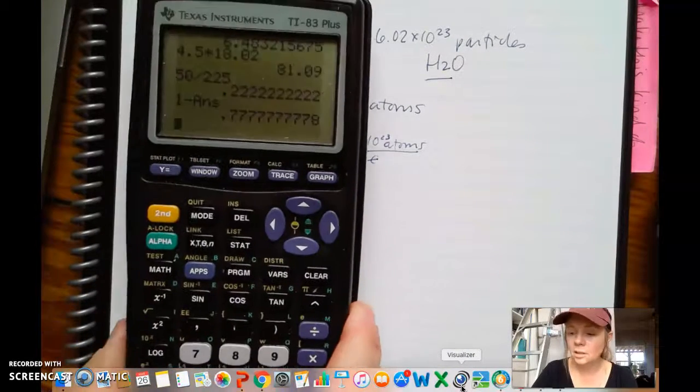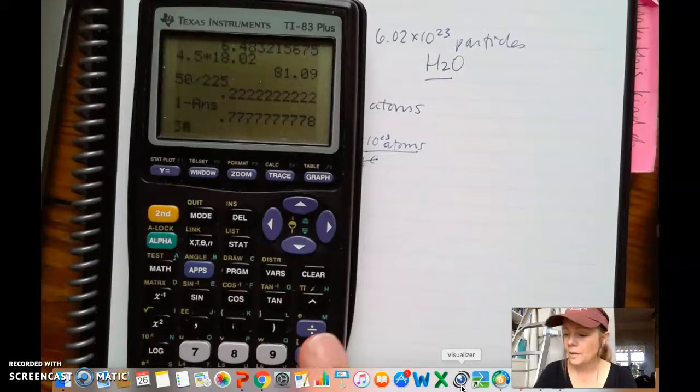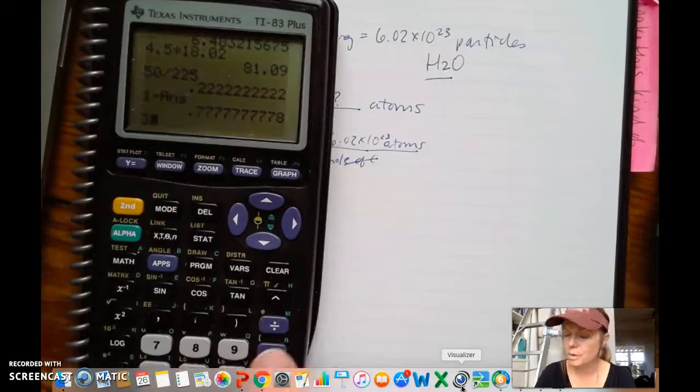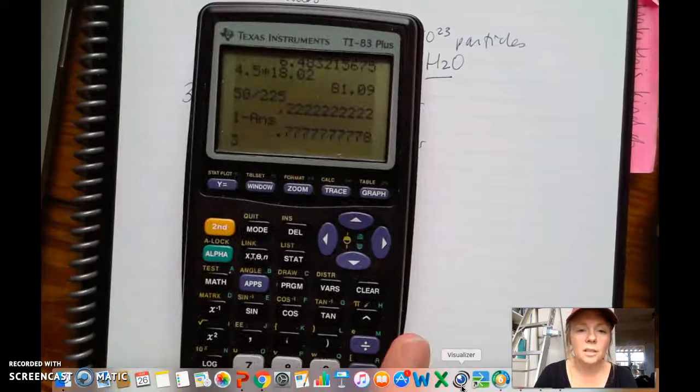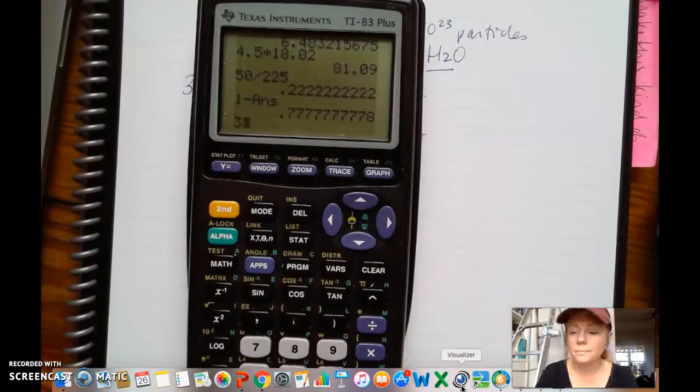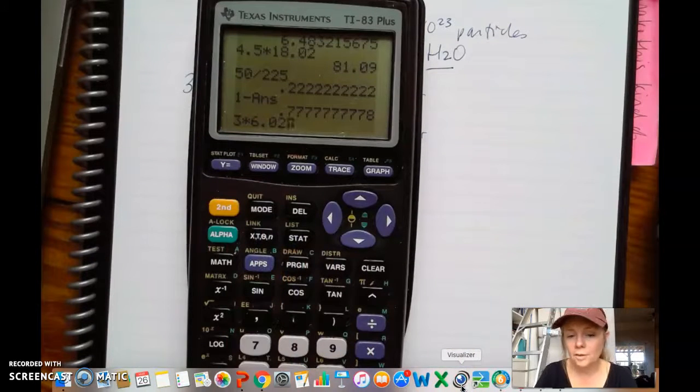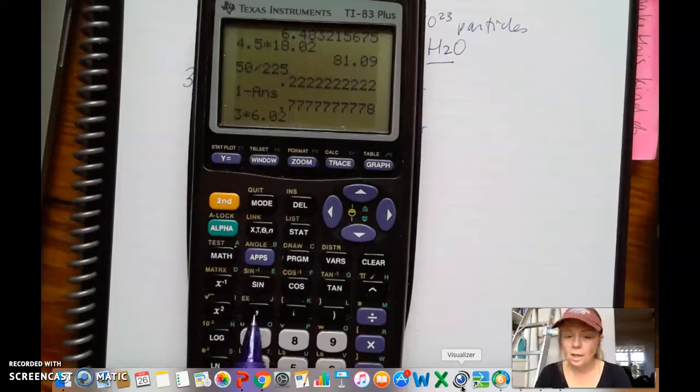So 3 is my 3 moles multiplied by Avogadro's number. And this is where I think you need some help. For 6.02, that exponent button, if you hit second and comma, it's the little yellow EE.